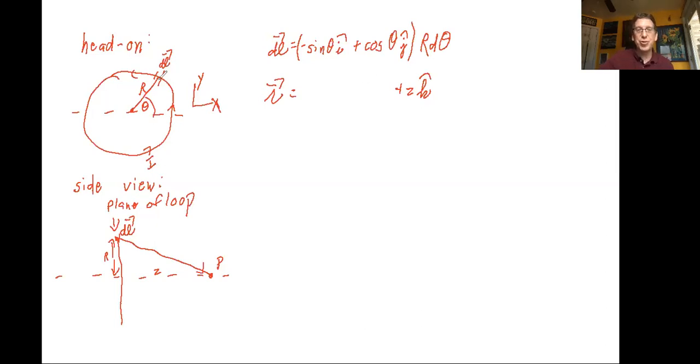But we're pointing in the opposite direction. We're going from the circle in towards the origin, so we need to take the negatives of those. So that's negative capital R cosine theta i hat, minus capital R sine theta j hat, plus z in the k hat direction.